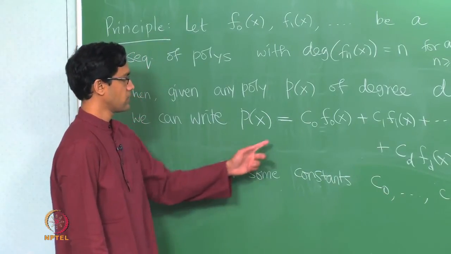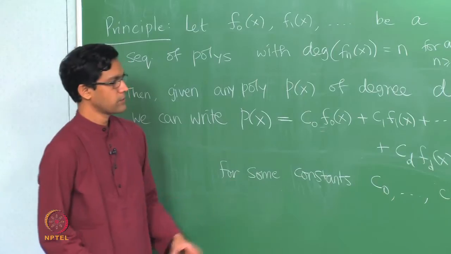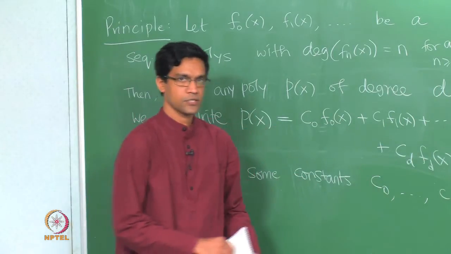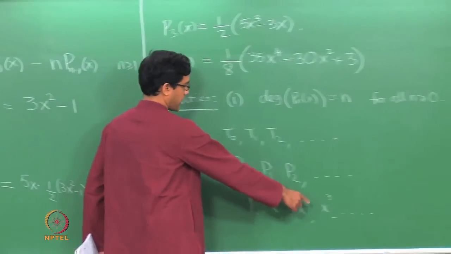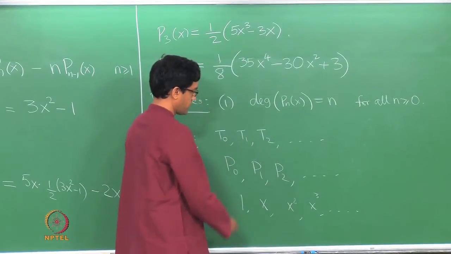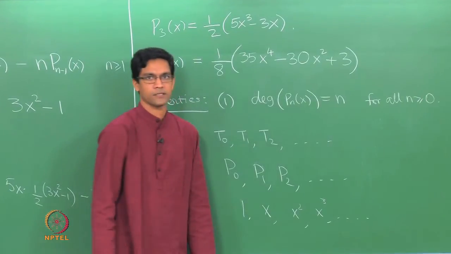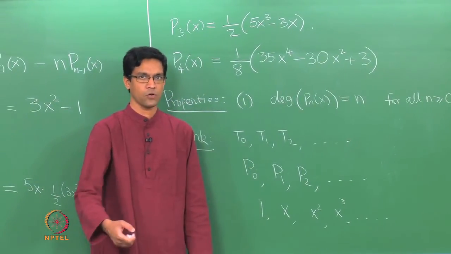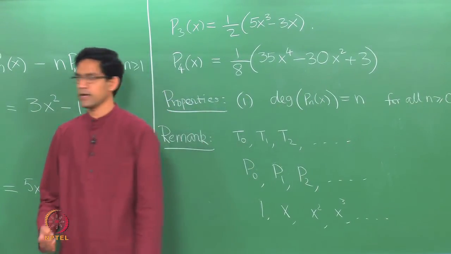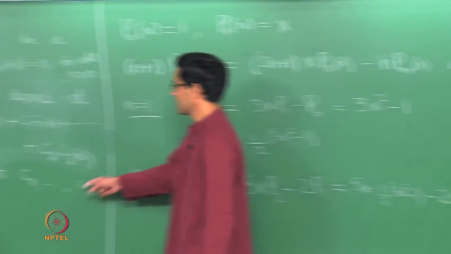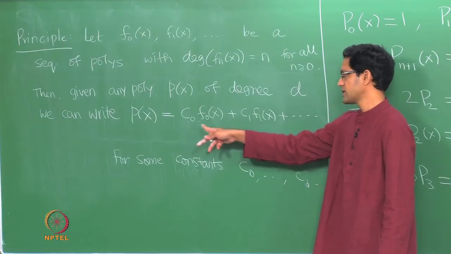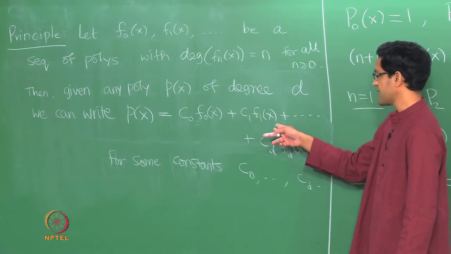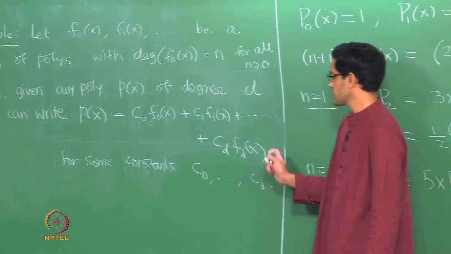So observe, if I apply this principle to the last series that we wrote down, the polynomials 1, x, x squared, x cubed and so on, think of these as being the f0, f1, f2, then this principle here just says that a polynomial of degree d can be written as some constant times 1 plus some constant times x plus some constant times x squared and so on.